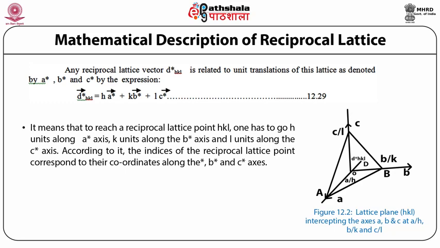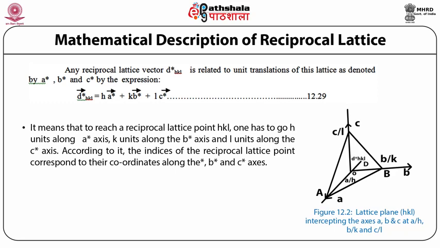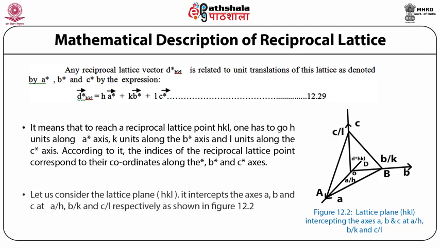It means that to reach a reciprocal lattice point HKL, one has to go H units along A star axis, K units along the B star axis, and L units along the C star axis. According to it, the indices of the reciprocal lattice point correspond to their coordinates along the A star, B star, and C star axes. Let us consider the lattice plane HKL.